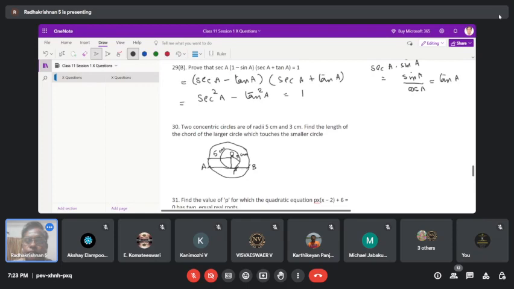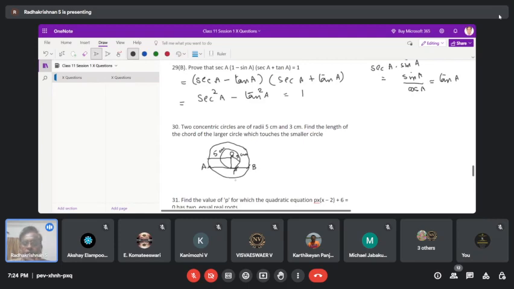That means at the touching point, the angles will be 90 degrees. APO, BPO, they are going to be 90 degrees. We already saw that: since it is a tangent, the angle the radius makes at the touching point will be 90 degrees. So this is what we know.